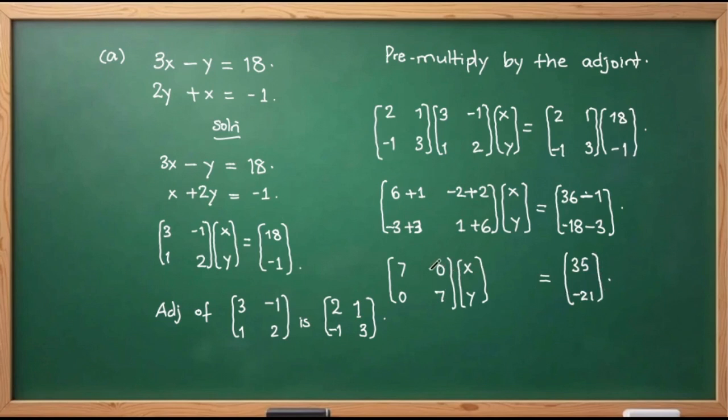Lastly, we multiply the first row by the column, and add the results together: 7 times x gives 7x, plus 0 times y gives 0, then 0 times x gives 0, and 7 times y gives 7y.